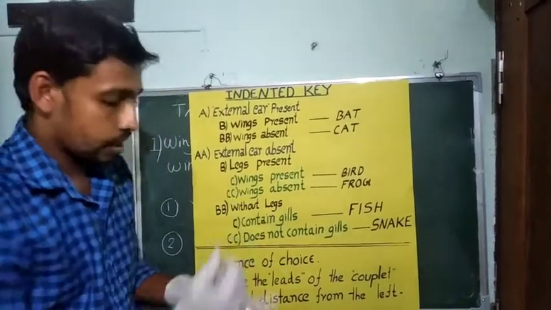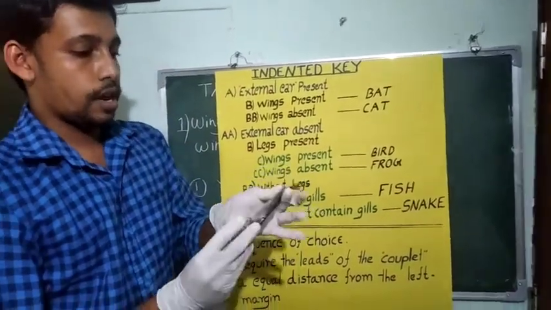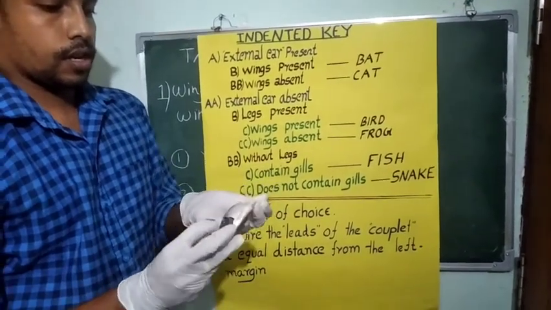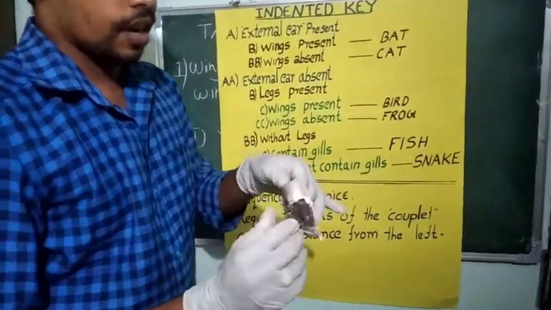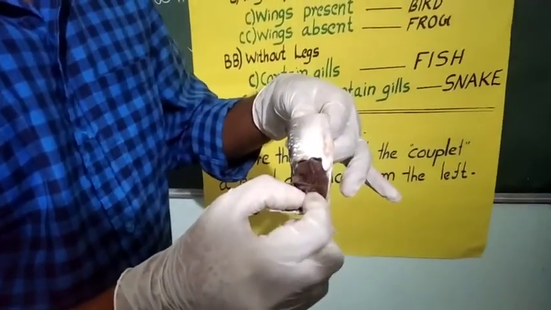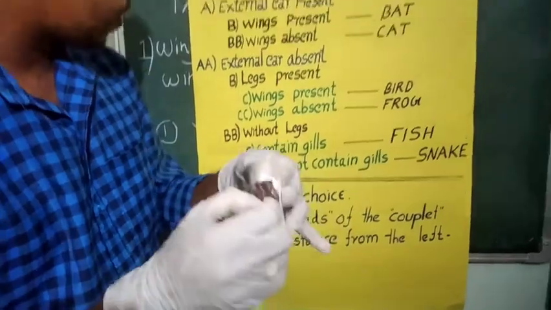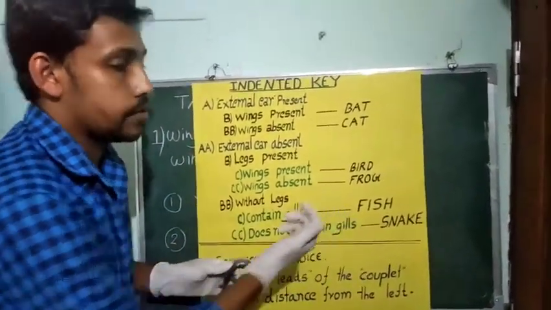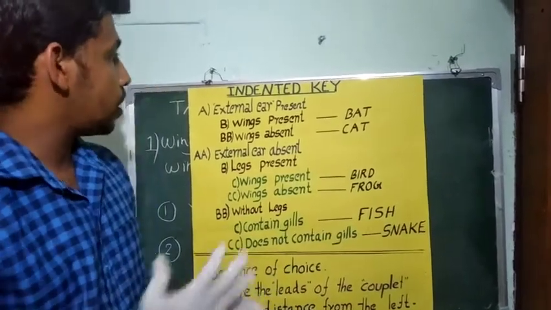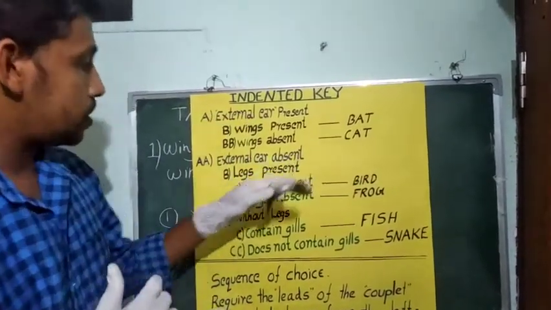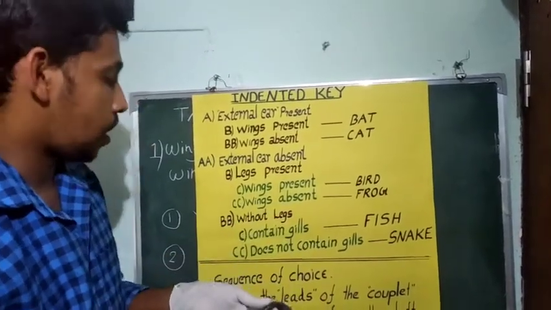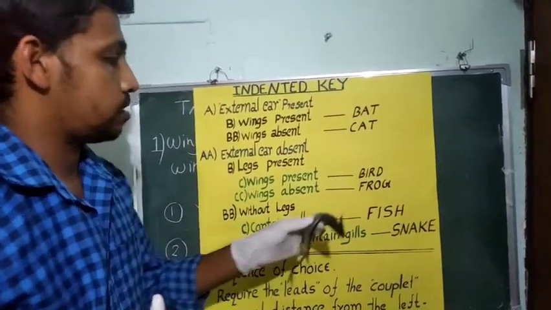Then it contains gills. Now just look here and you can see the gills. Gills are present. So I have just identified this animal: this is a fish. External ear absent, without legs, and it contains gills.